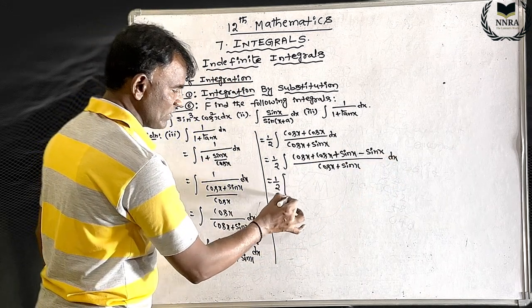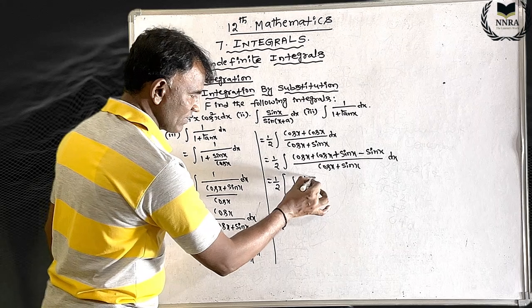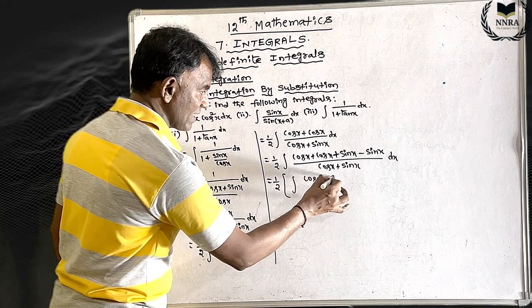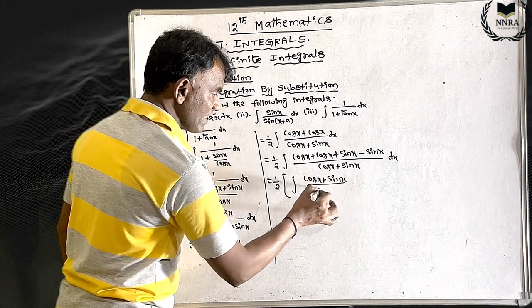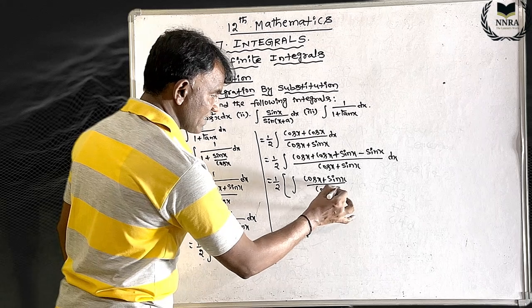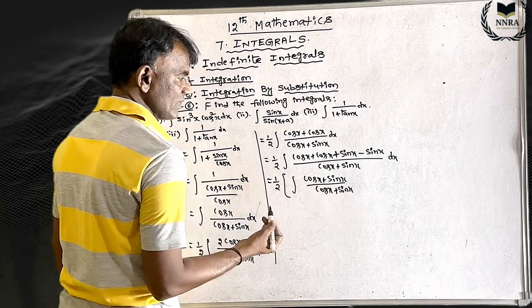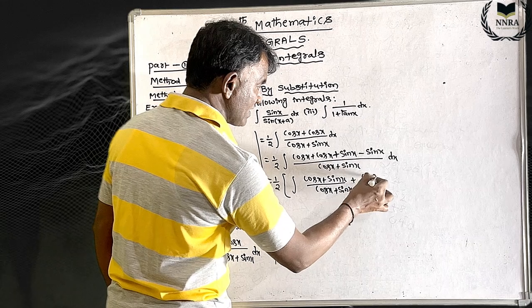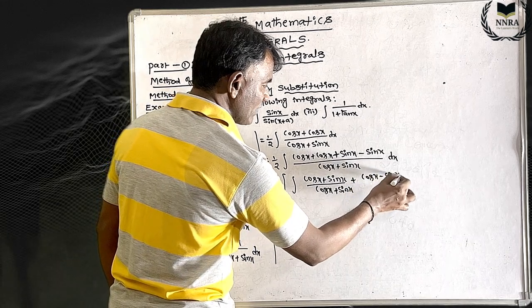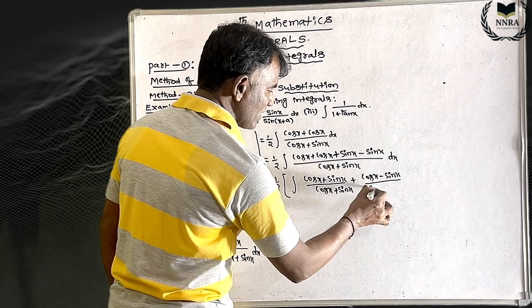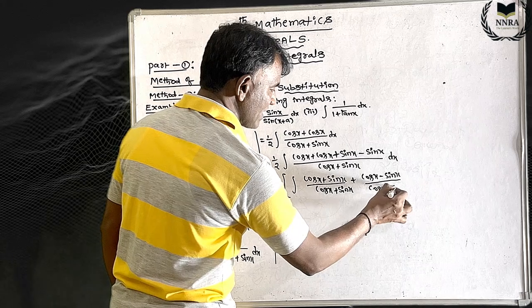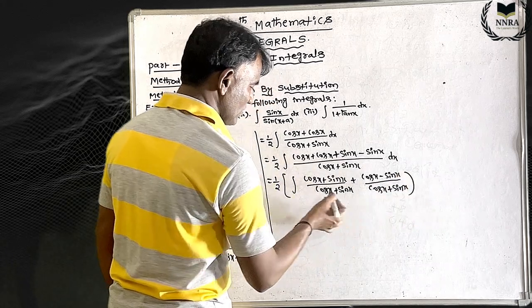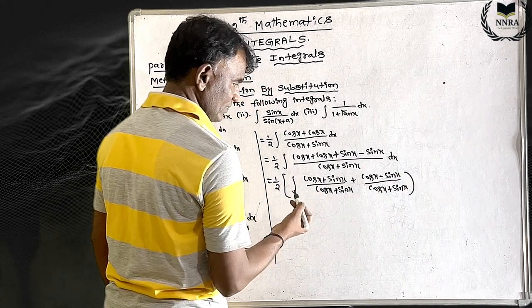1 by 2 integral of, first one is cos x plus sin x, and the denominator is also the same, cos plus sin, right? And what is the second term? Cos plus sin is over. Now one more term is cos x minus sin x, divided by the same denominator value, that is cos x plus sin x into dx, right?